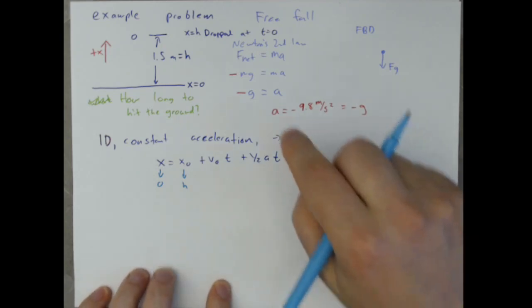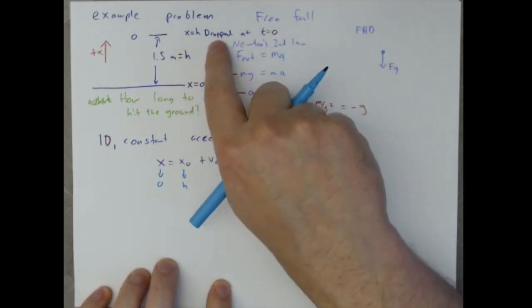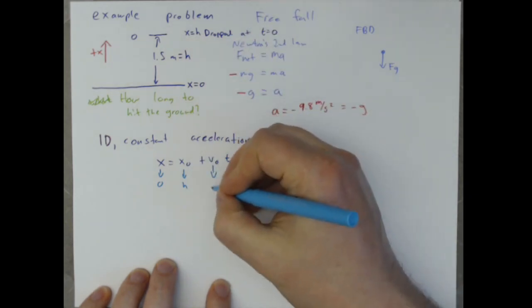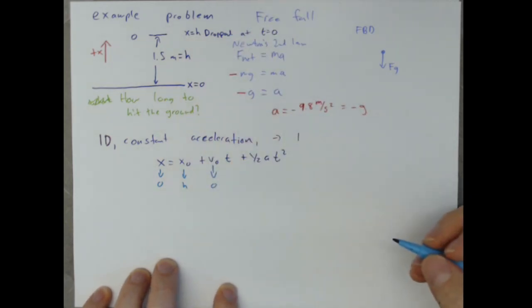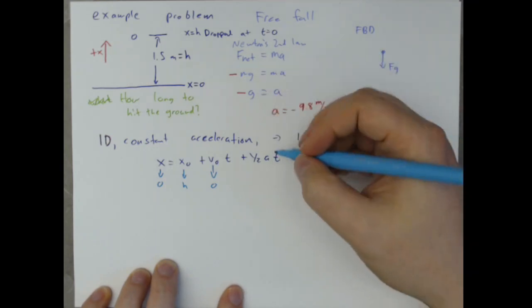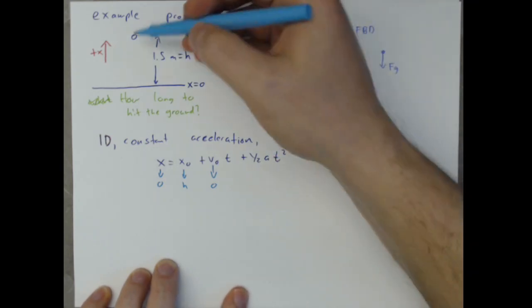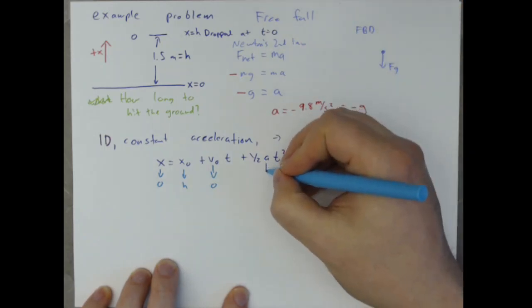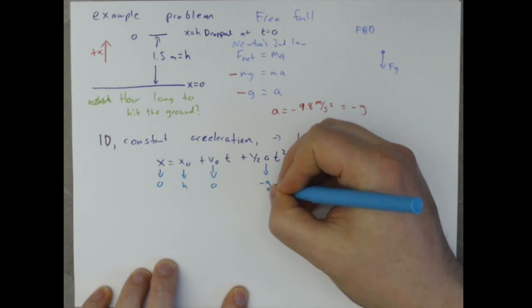Looking at this, it says it's dropped. So that tells us the initial velocity is 0. And then we have to think, what's our acceleration? Well, it's in free fall. I've used forces and Newton's second law to know that the acceleration is going to be negative g.